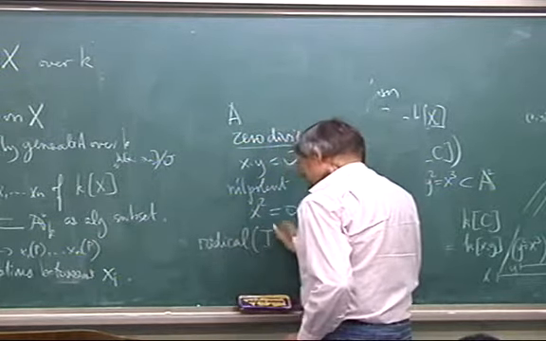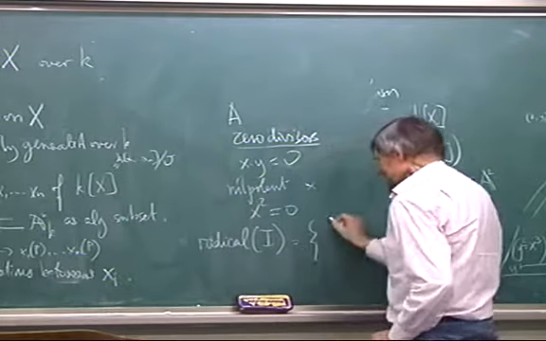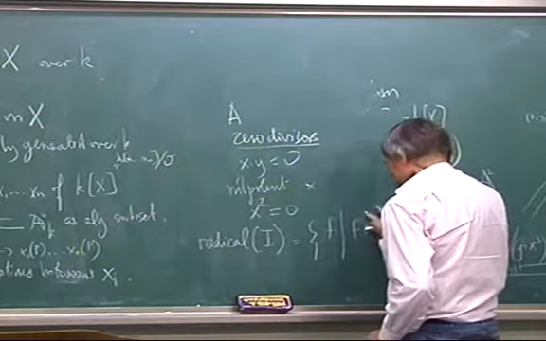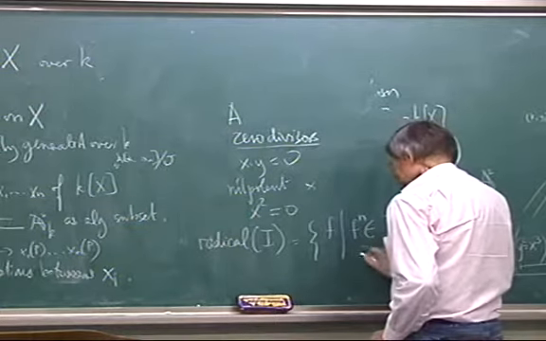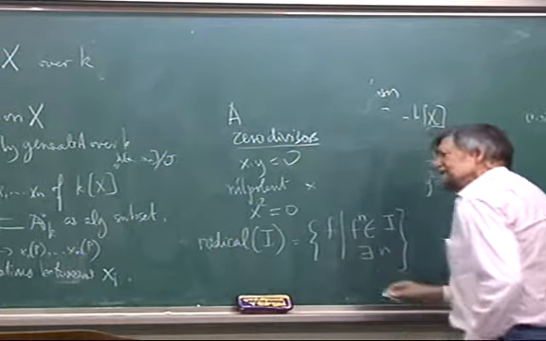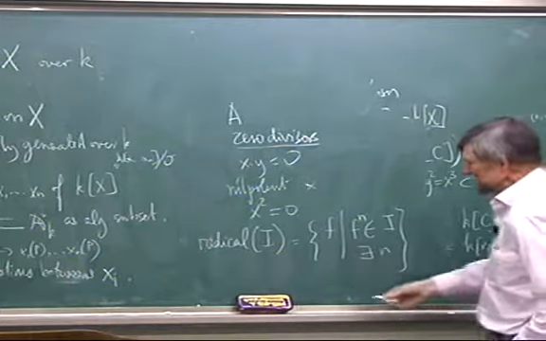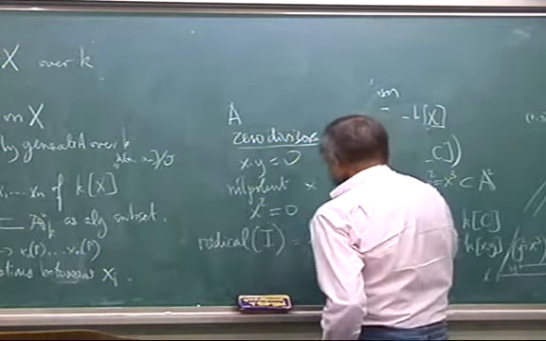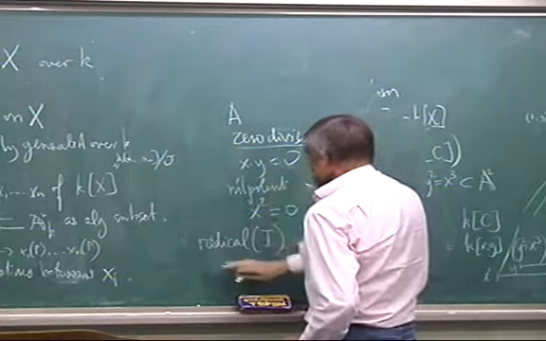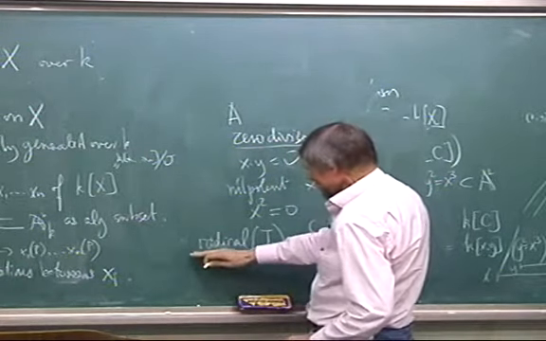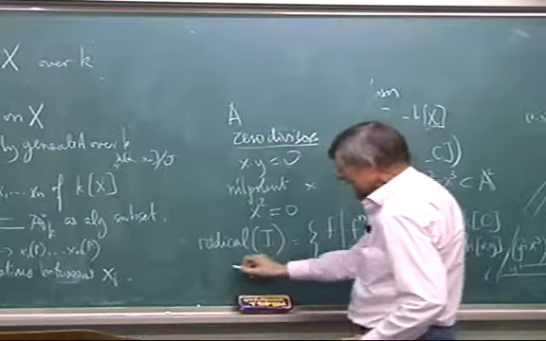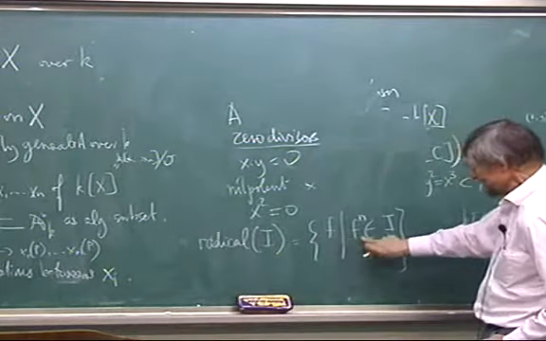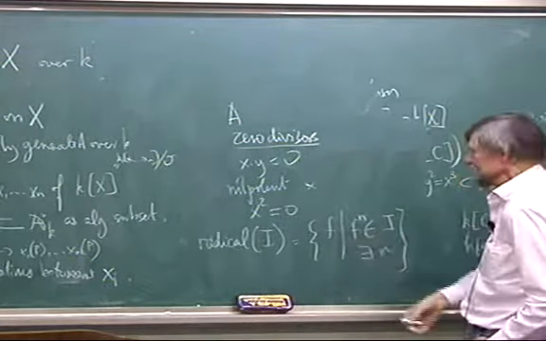Radical of I is the set of f such that f to the n is in I for some n. We say an ideal I is radical if I is equal to its own radical. In other words, if f to the n is in I implies that f is in I.